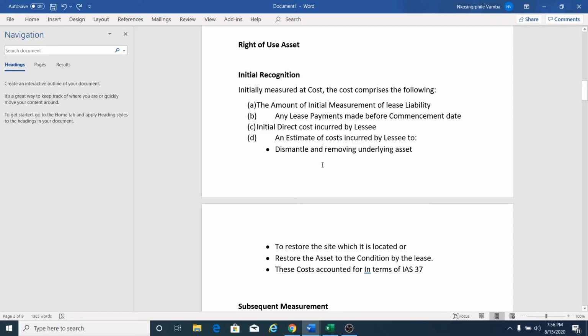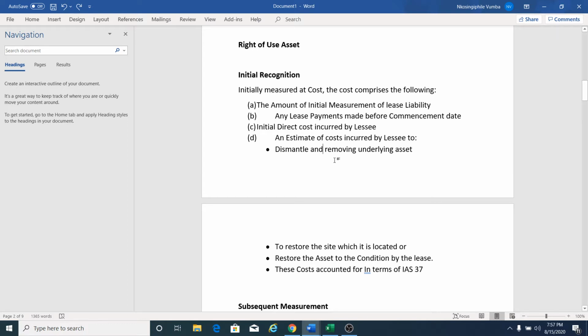D says that the right of use asset cost should also include an estimate of costs incurred by the lessee to dismantle and remove an underlying asset, to restore the site on which it is located, or to restore the asset to the condition that is required by the lease.